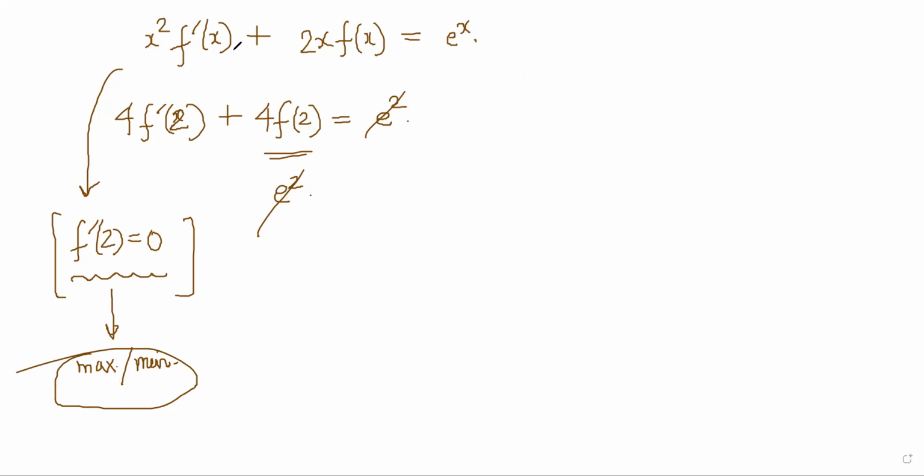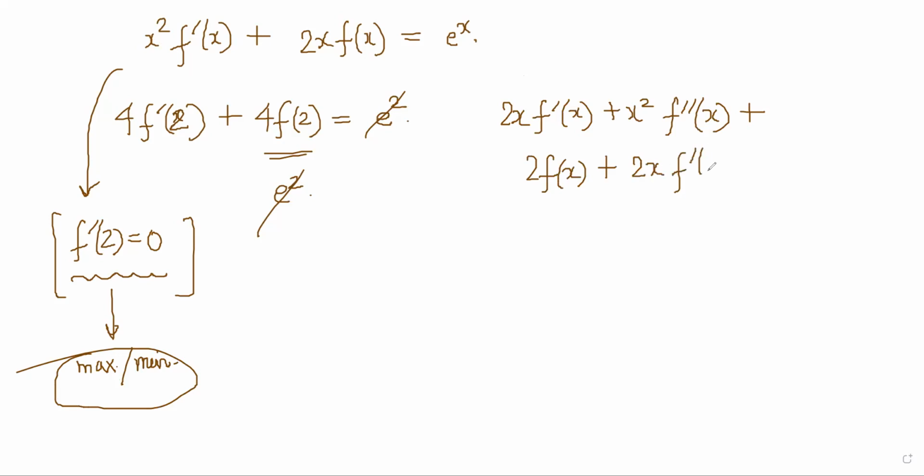So if you differentiate one more time, 2x f dash x plus x square f double dash x plus 2 f of x plus 2x f dash x is equal to e power x. This is the second derivative equation.